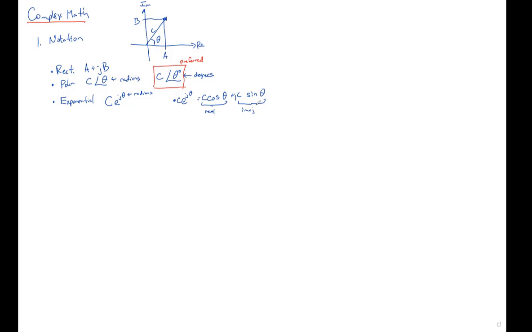You could actually throw this into MATLAB if you want to, as an example. You could say that 5 at an angle of 90 degrees is the same thing as 5 at an angle of, Linda, what's 90 degrees in radians?